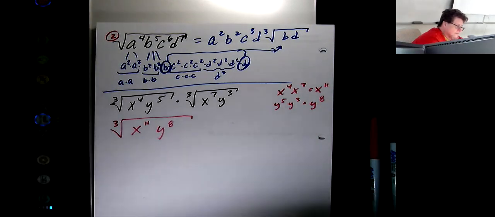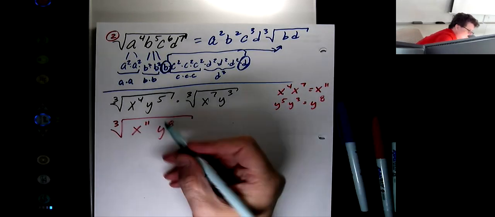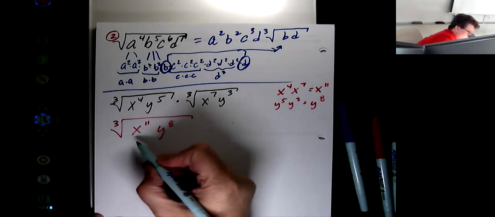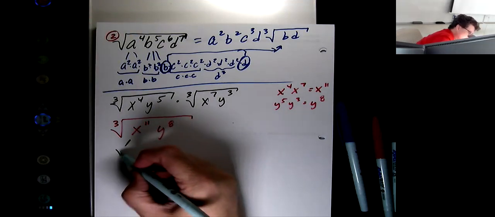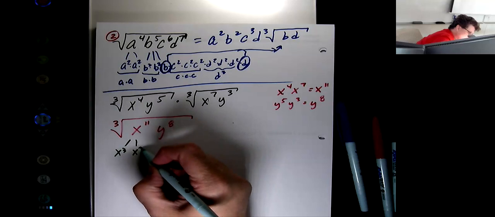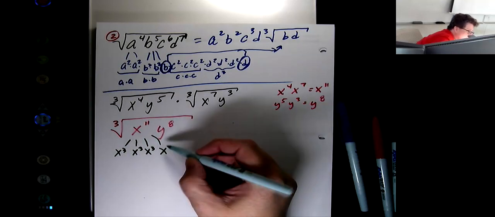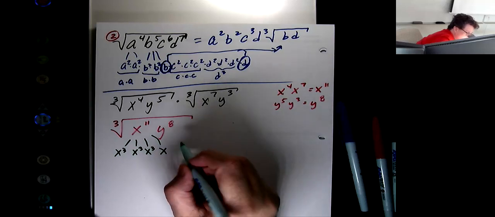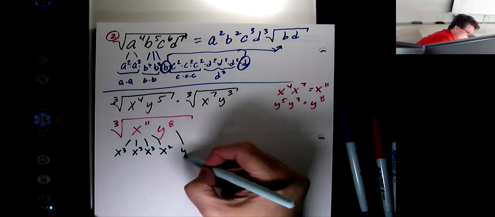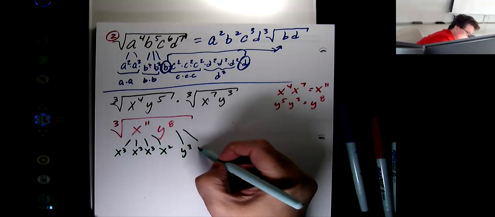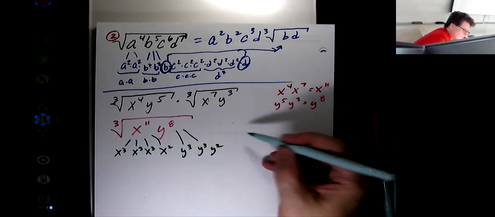X cubed and 11 by cubes. What would be, same way you did it here? What'd you get for the final one? Square. What about my y's? 2y cubes and a y squared. Alright, so what do I do with this?